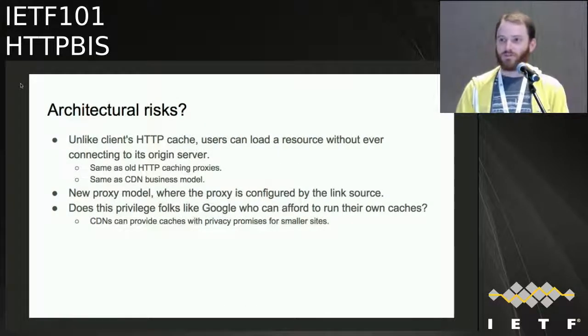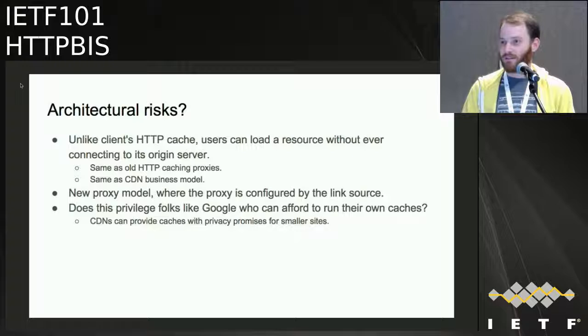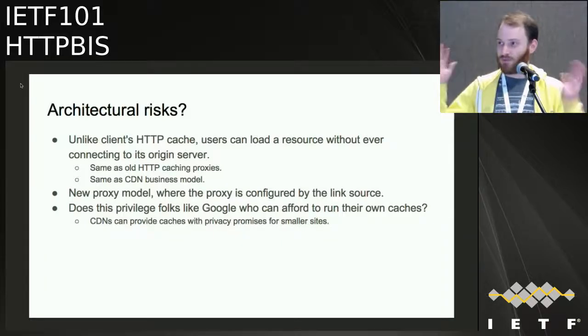A bunch of architectural risks have been raised. Unlike something in a client's HTTP cache, a user can load a signed exchange without ever connecting to the origin server. Now the signed exchange can then, if it can execute JavaScript, ping the origin server and say, hey, I've been fetched.